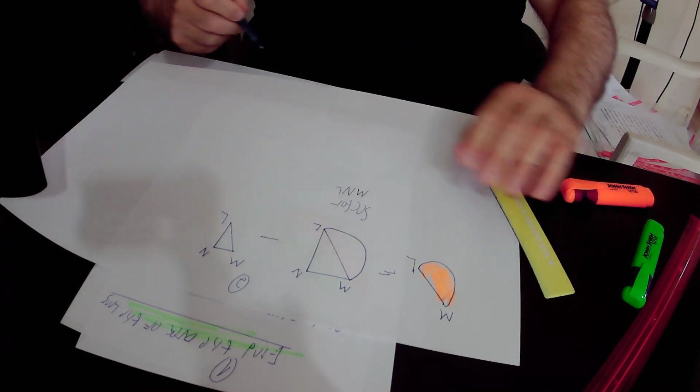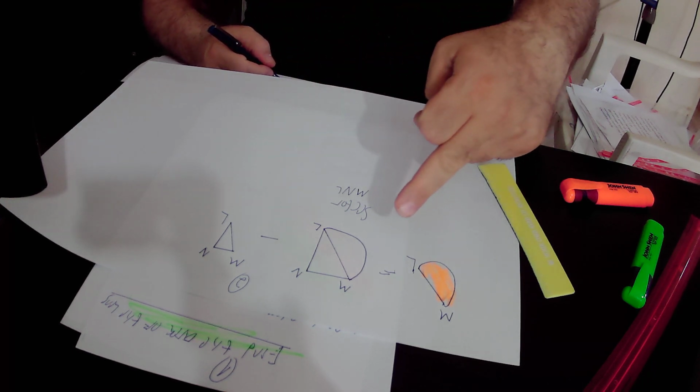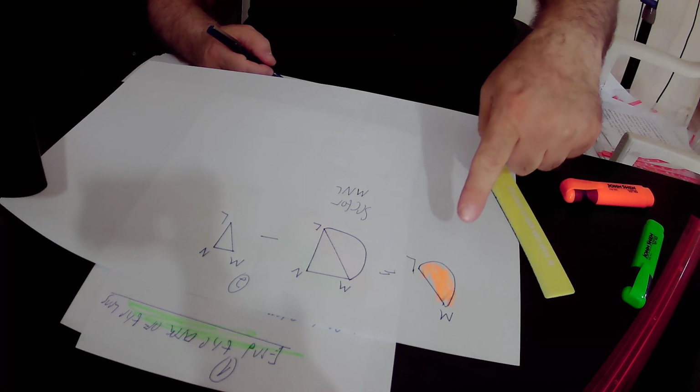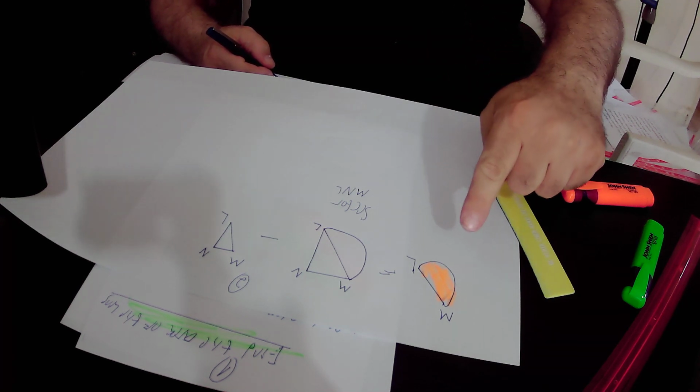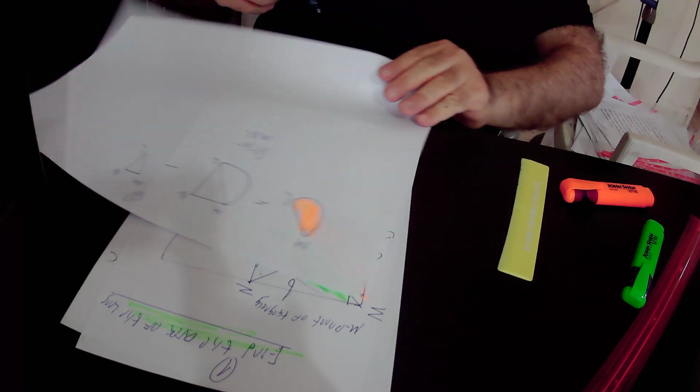It's very easy to see from the drawing that if you subtract the area of triangle ML from the area of sector ML, you will get exactly the area of this lower circular segment ML.